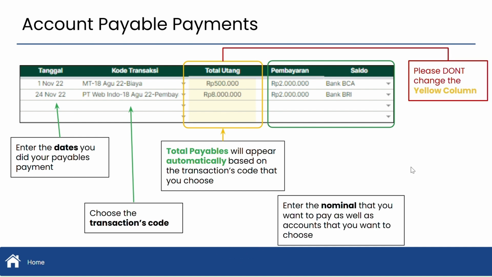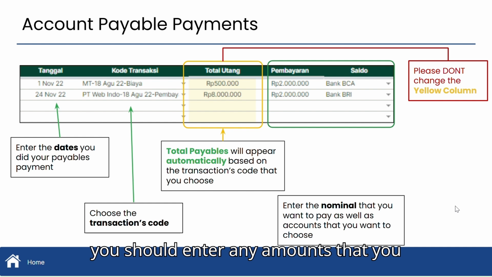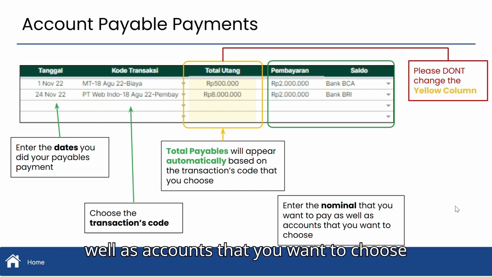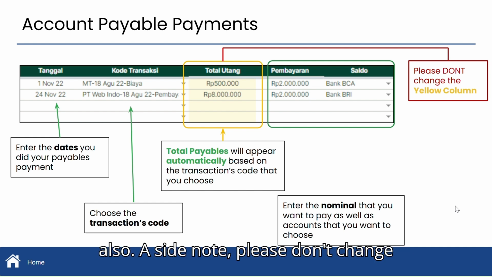And then you enter your payment amount, any nominal that you want to pay, as well as the account that you want to choose. Also, a side note, please don't change the yellow column.